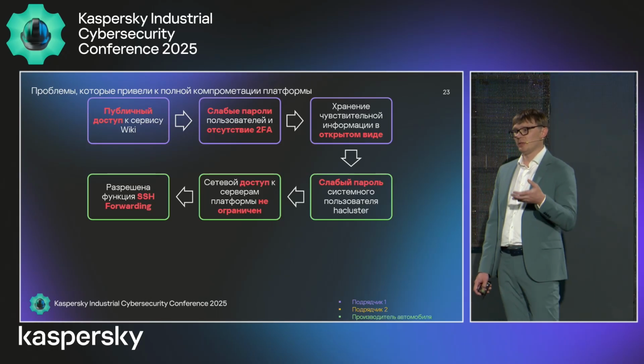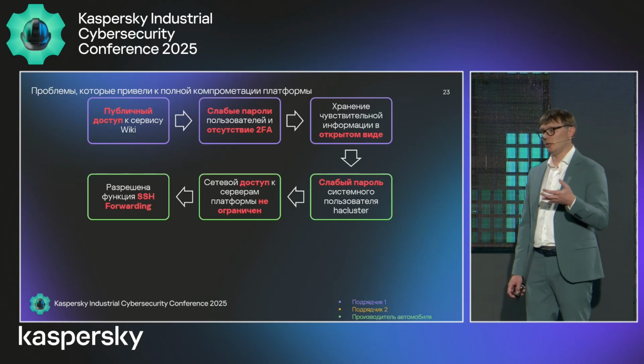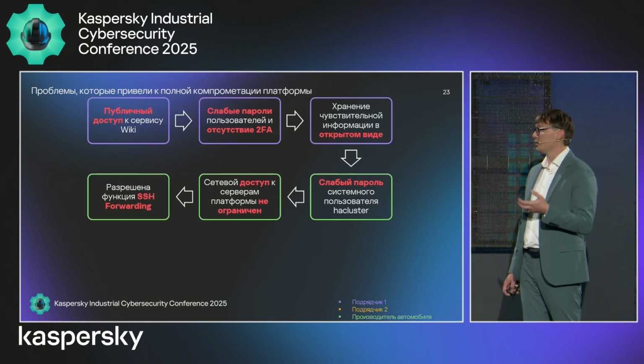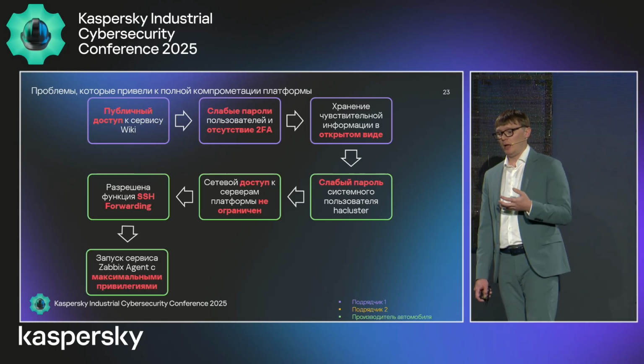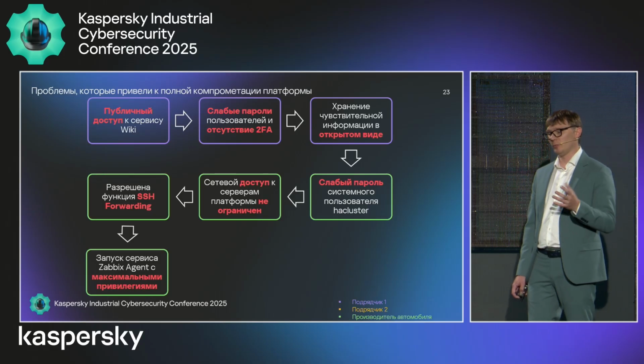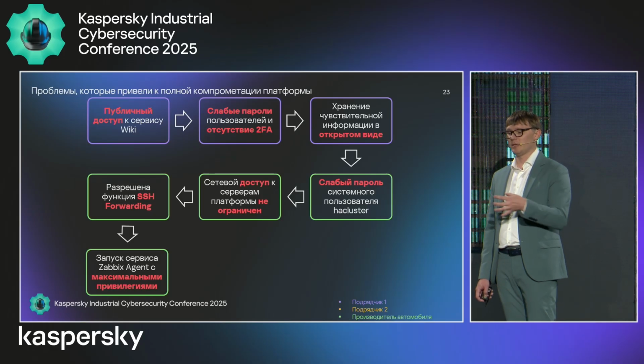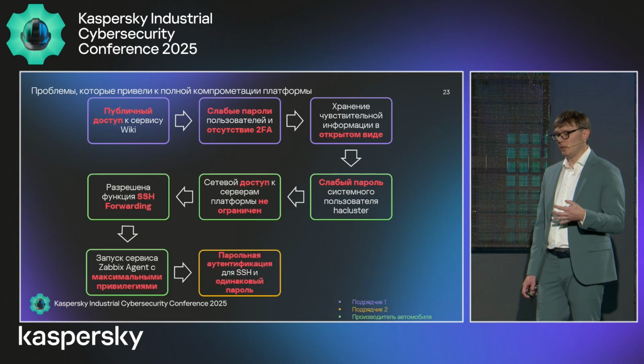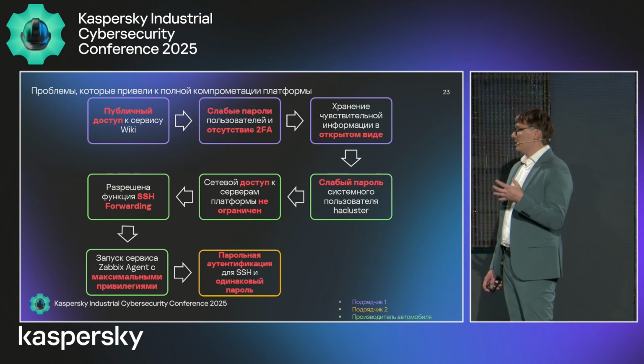The SSH server was configured by default, and the Zabbix agent was launched with maximum privilege, so we were able to compromise several servers.